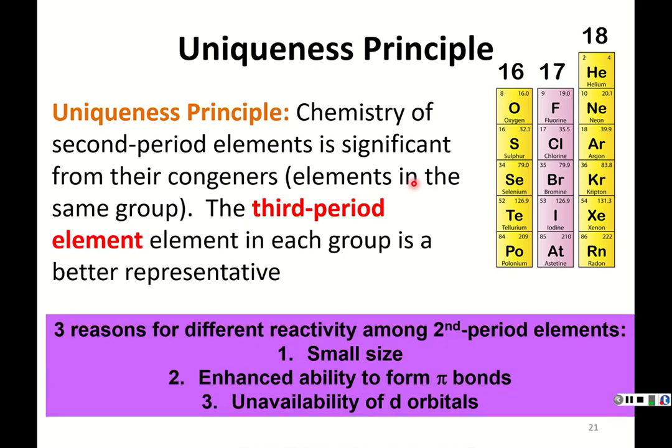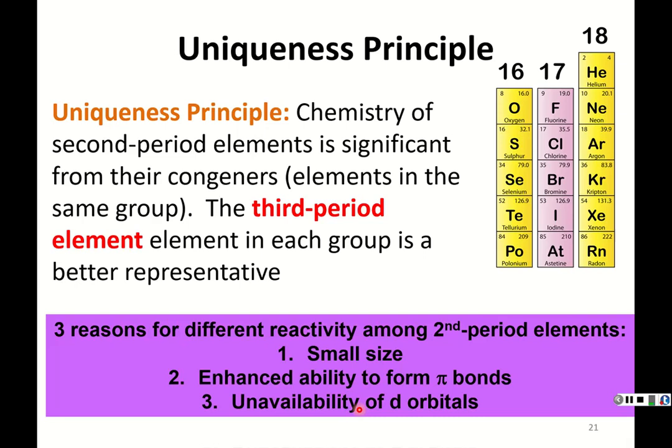Okay, so there are three reasons for the different reactivity among second period elements. One is the small size. They are generally much smaller than the rest of the elements in the group. Two, enhanced ability to form pi bonds, and three, unavailability of d orbitals. Quantum mechanically, if they're in the second row, n is going to be equal to 2, and so they cannot have d orbitals, right?